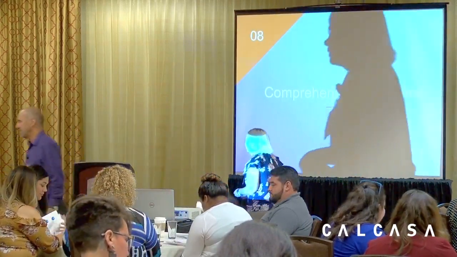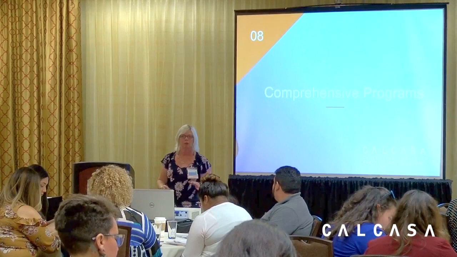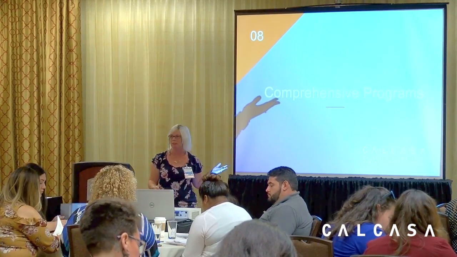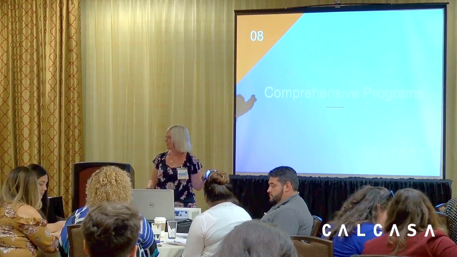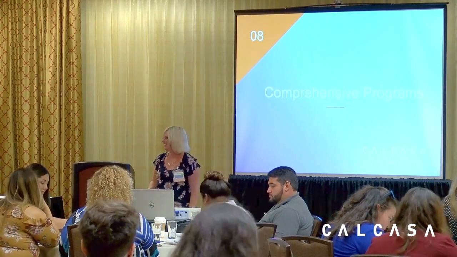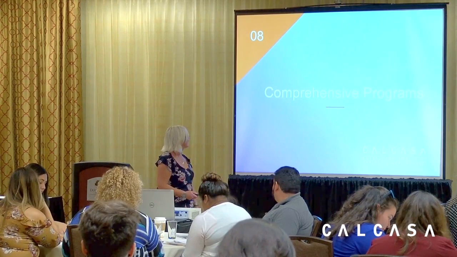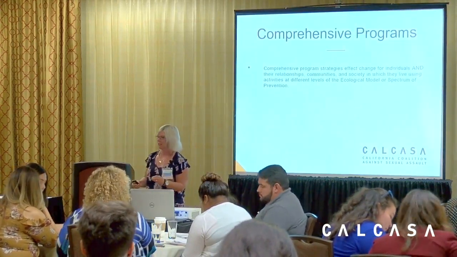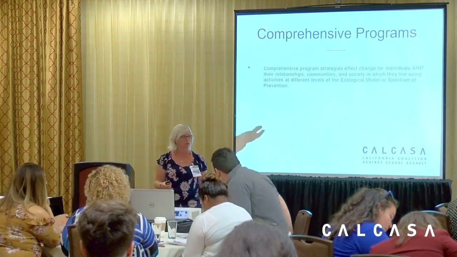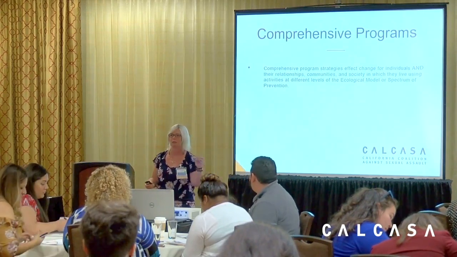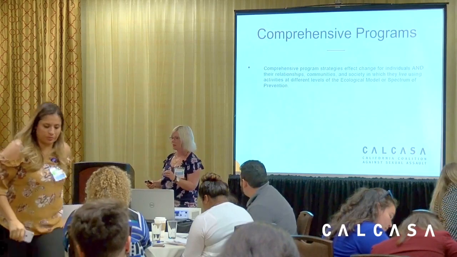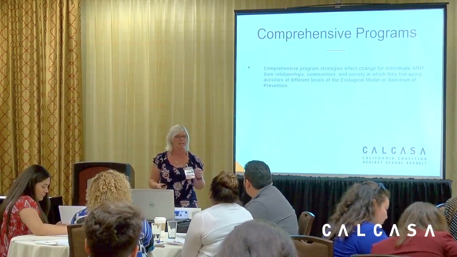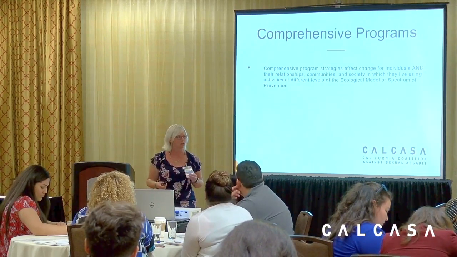In 30 minutes? So we talked a little bit about comprehensive programs at the beginning, right? Which principle is it? The first one. Thank you. So this is the first one. So we've done our community assessment, we've thought about our theory, we've thought about how we're going to measure our outcomes, and now we're thinking about, so what are we going to do?